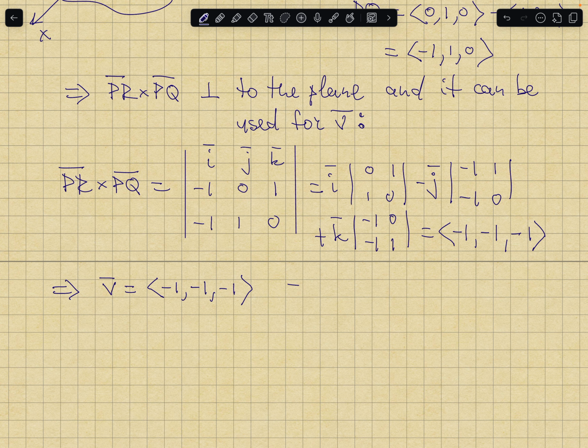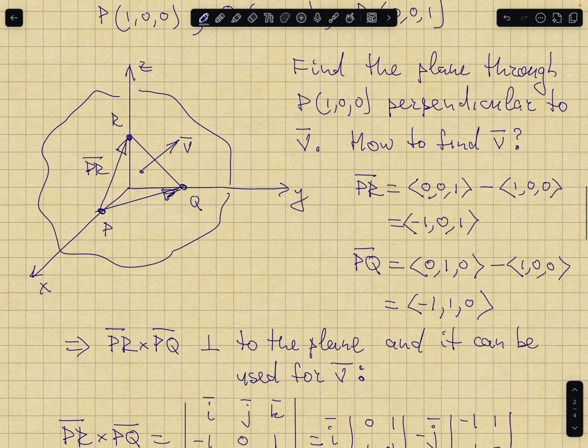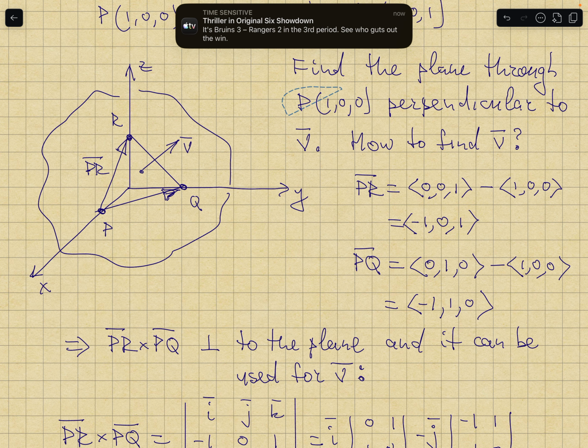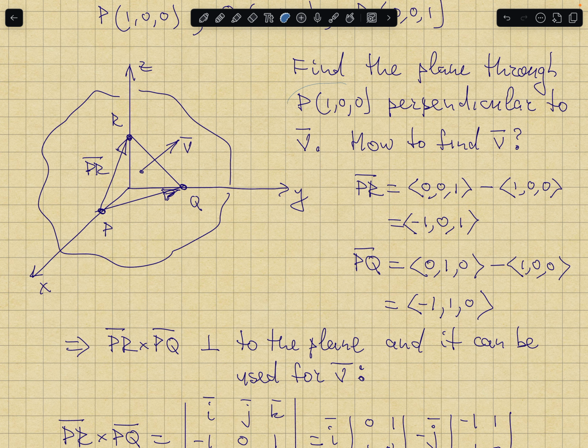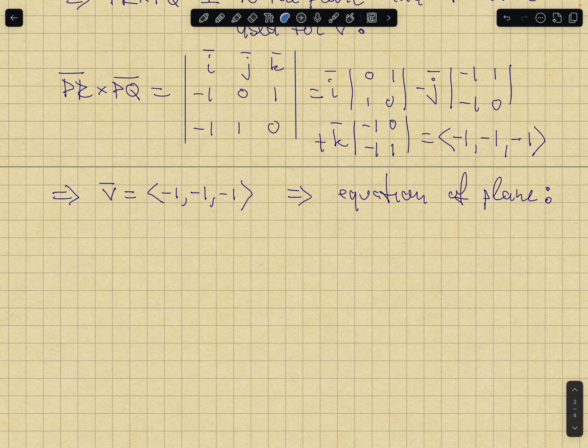And so therefore, for the equation of the plane, I can use this v and the point P, even though I could have used Q or R, it doesn't matter. So the equation of a plane: A, B, and C are all -1s.